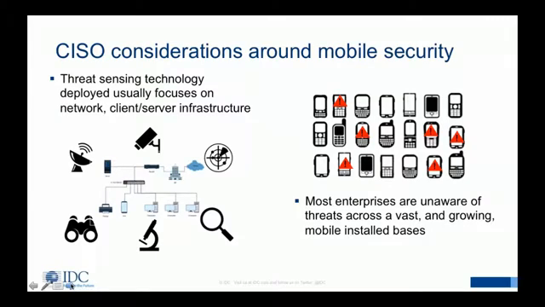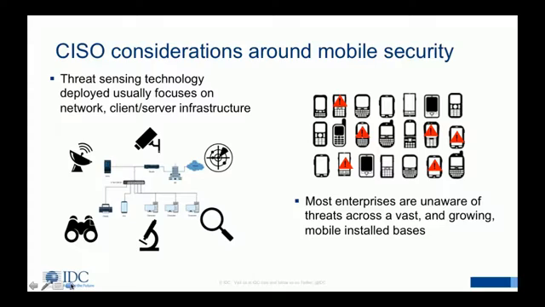I mean, sensor-based technologies that focused on network infrastructure. This can include things like IPS, IDS, advanced persistent threat detection, firewalls, monitoring tools, a lot of monitoring, a lot of sensors, all deployed in the infrastructure itself.